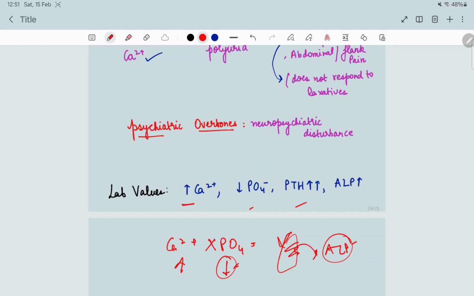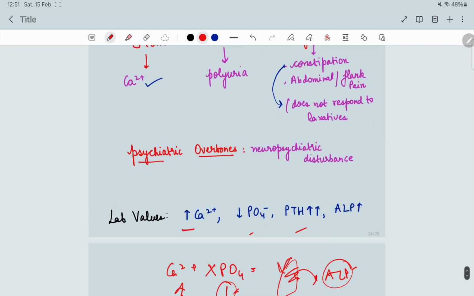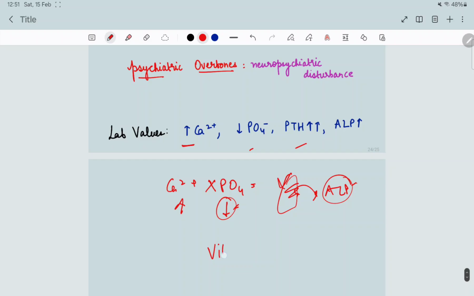Now you tell me in the comment section, in which condition do both calcium and phosphate rise together? It is somewhat related to vitamin D. As you know, vitamin D has a dual function. It increases both calcium and phosphate.